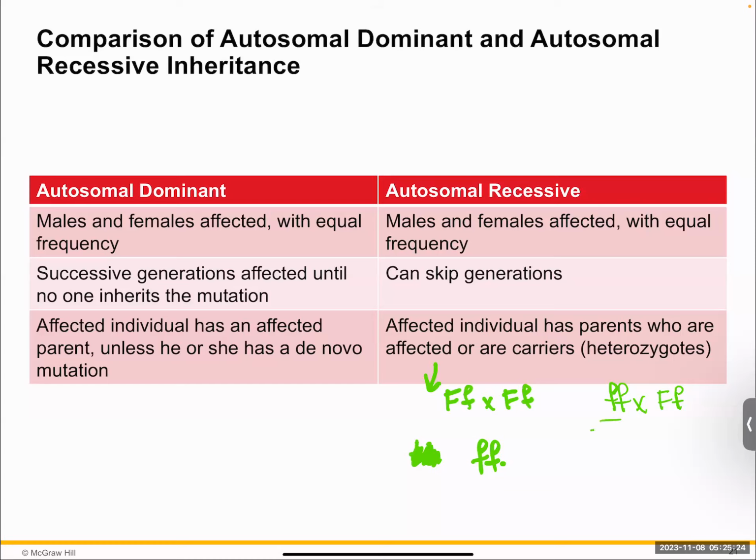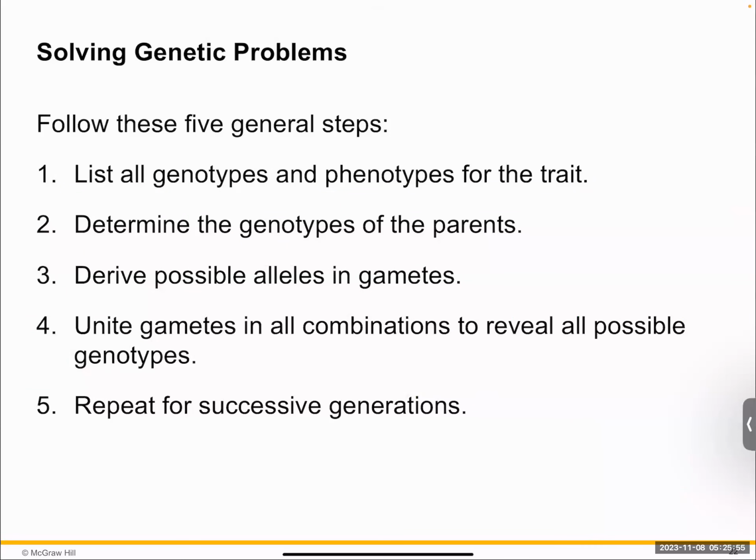So this is an affected parent, and this is the carrier. And they will produce an offspring that is either an affected person or an offspring that is a carrier. So this is P1, this is F1.